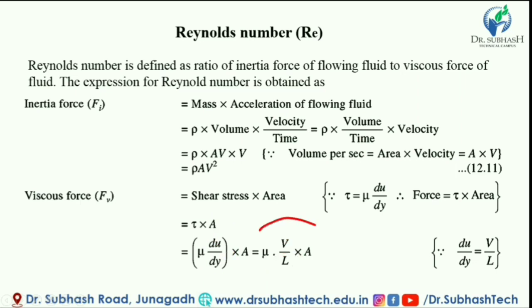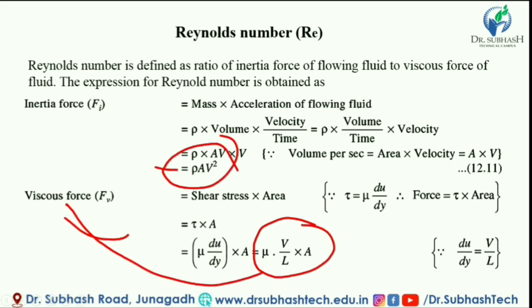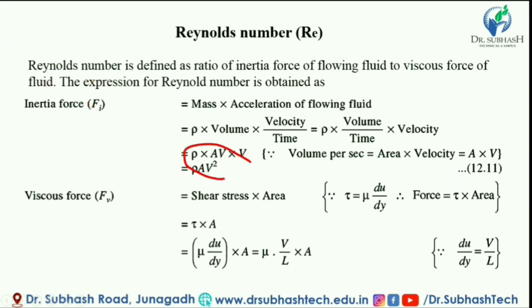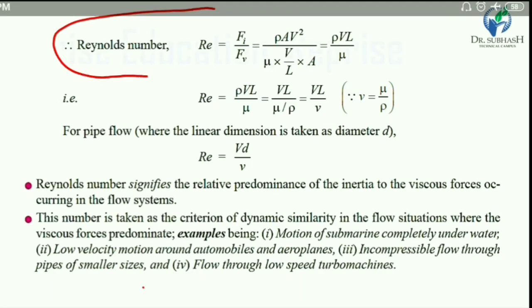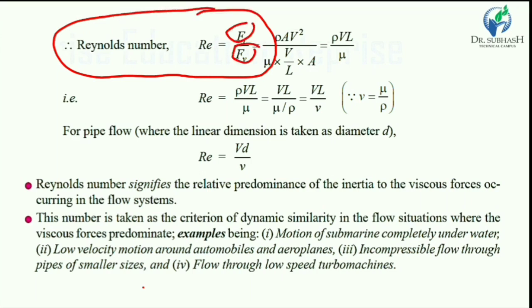Now we have the equations of viscous force and inertia force. Now get the equation for the Reynolds number by taking the ratio of both equations. Reynolds number is equal to inertia force upon viscous force.